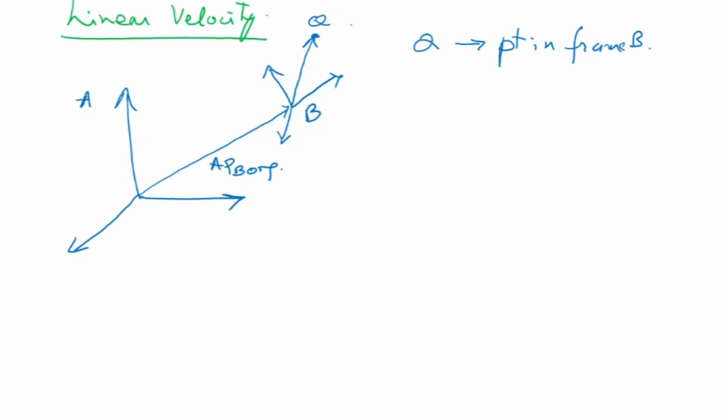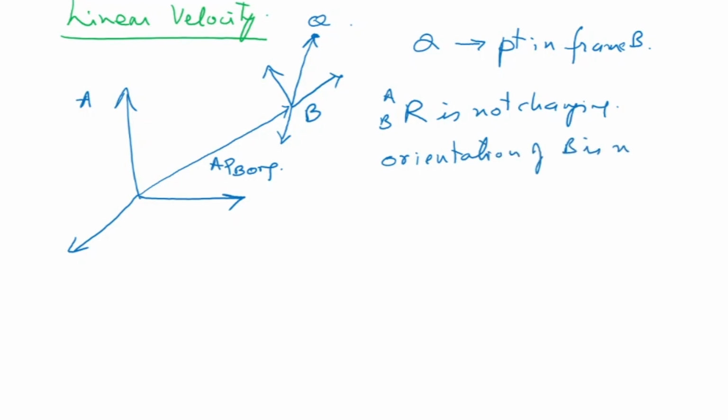Okay. Now for the moment, we'll assume that the rotation of A or B is not changing. So this means that the orientation of B is not changing with respect to frame A, because we're talking of linear velocities here. Okay. Now, the linear velocity can be because of what?